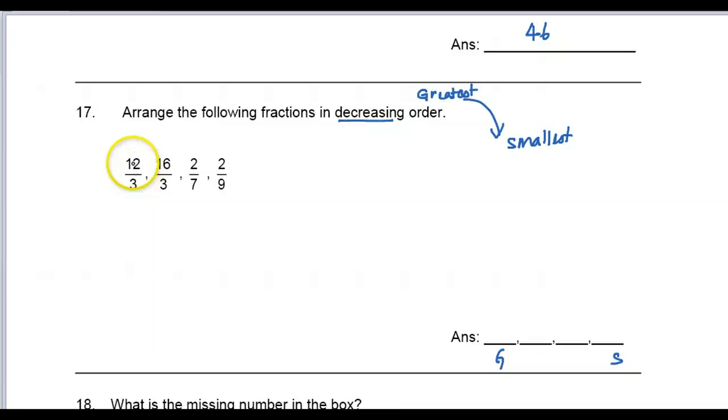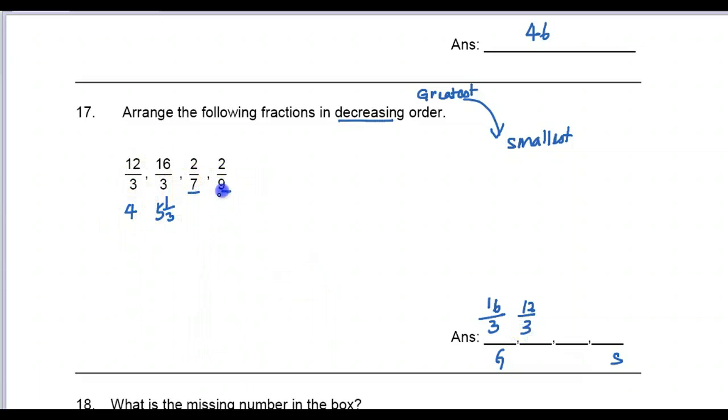So from here, I can see that 12 divided by 3 would be a 4. 16/3 would be 5 and 1/3. Then I have 2/7 and I have 2/9. So the greatest would be my 5 and 1/3, which is 16/3. Second biggest would be the 12/3, which is my 4 whole.